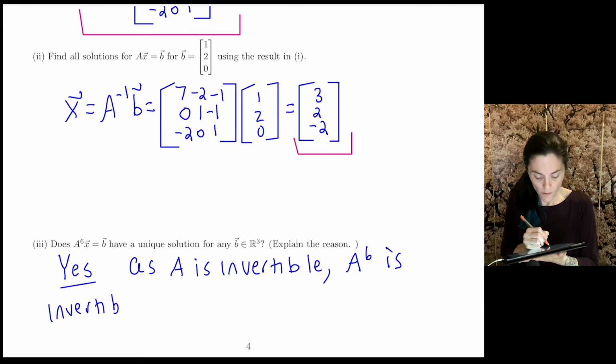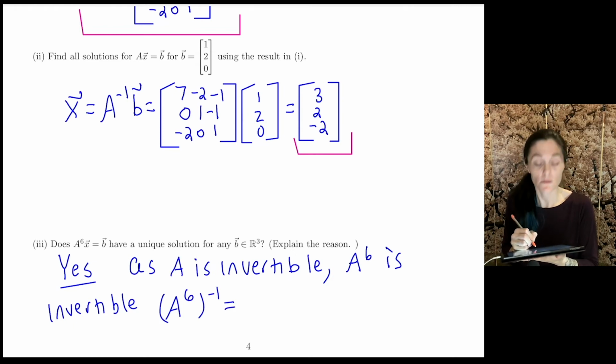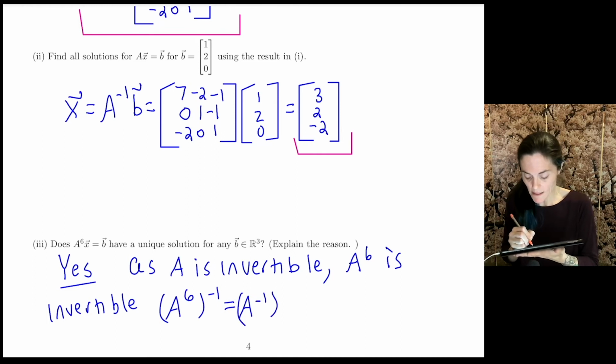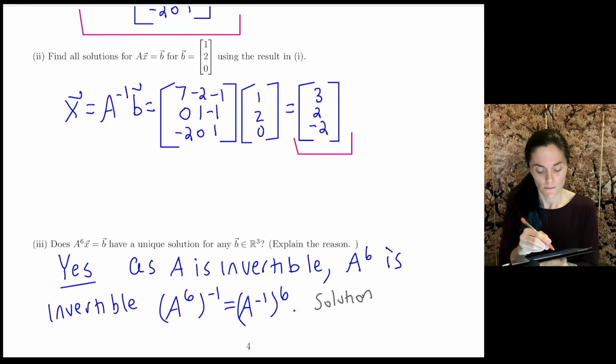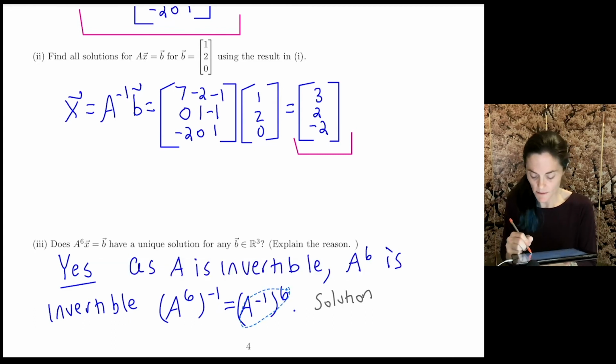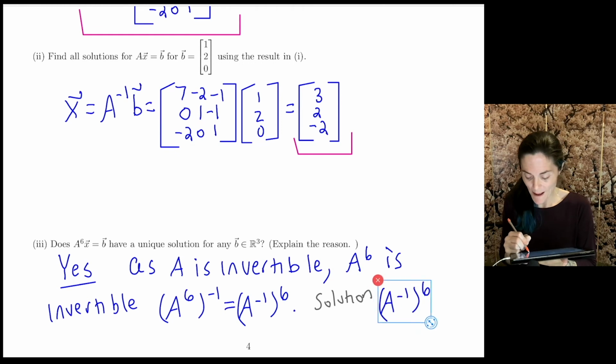And moreover, A to the 6th inverse equals A inverse to the 6th. So if I needed to solve this, the unique solution would just be A inverse to the 6th power times vector b.